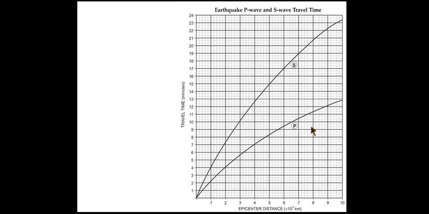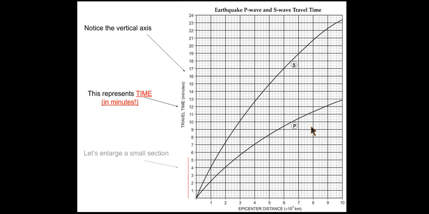So if we take a look and break down this graph, we're first going to look at the vertical axis. And we notice that this represents time in minutes. And if we enlarge a small section, we see that between each minute, there are 3 segments.